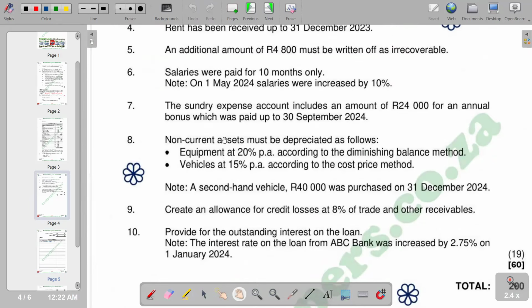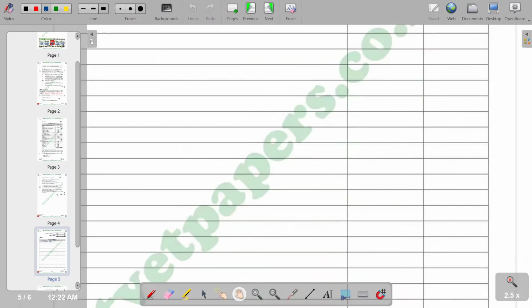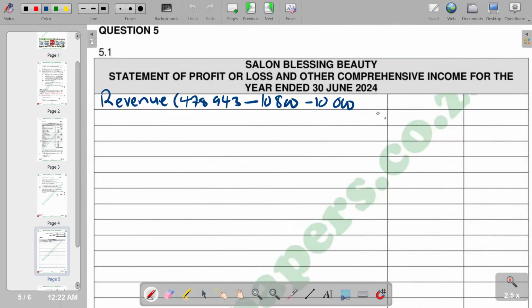So with that, we can close our working and calculate it as 478,943 minus 10,800 minus 10,000, and then we get a net figure of 458,143. So we can just maybe correct this part.